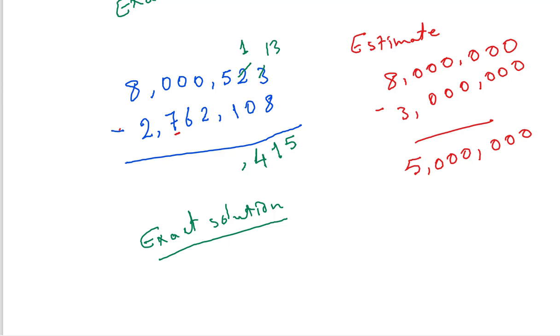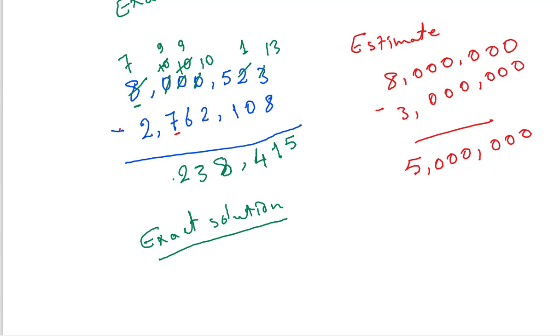Nothing to borrow. So I will borrow from the 8. The 8 will be 7. And this 0 will be 10. I will take 1 from this 0. It will be 9. And this 0 will be 10. I will take 1 from this 0. It will be 9. And this one will be 10. Now 10 minus 2 is 8. 9 minus 6 is 3. 9 minus 7 is 2.